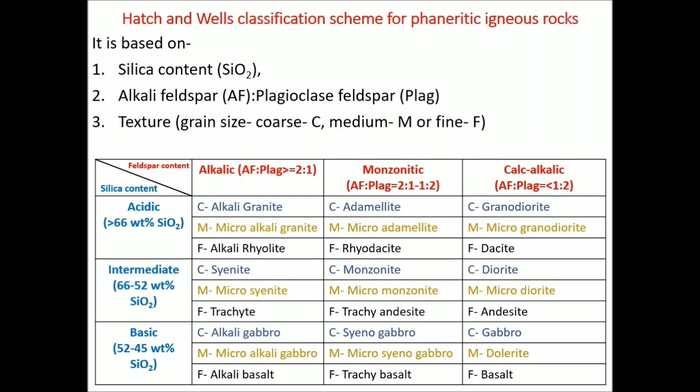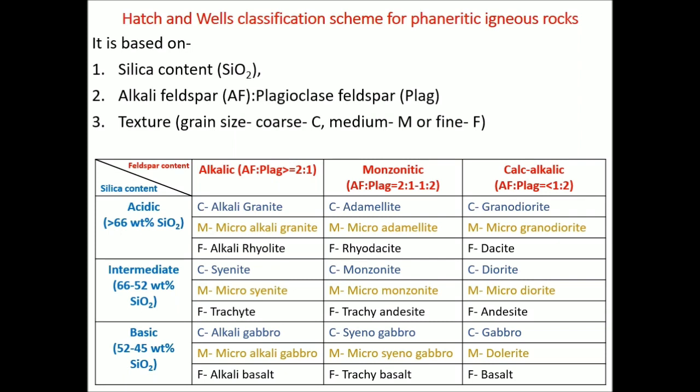But before going into the IUGS classification scheme, which is the existing classification scheme for igneous rocks, we have to be habituated with the names of the rocks, and for that this classification scheme is just a homework type thing. Go through it, it is very easy.